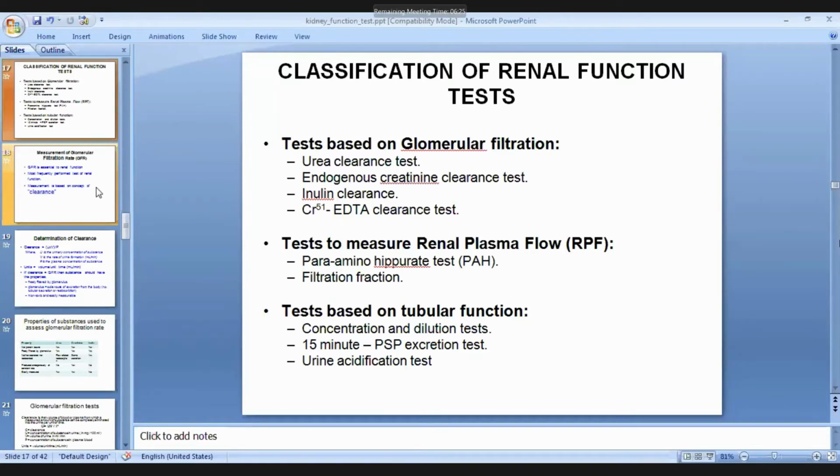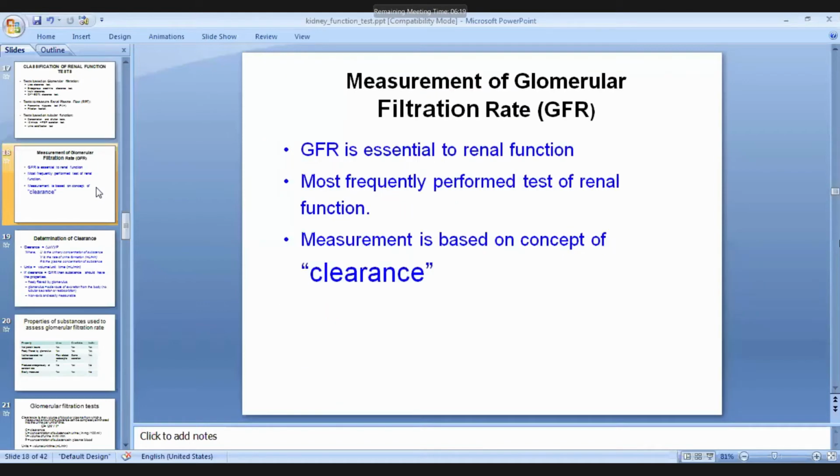First of all, the glomerular filtration rate, GFR. Glomerular filtration is the essential part of renal functioning, and the GFR should be maintained. The most frequently performed test of renal function measurement is based on the concept of clearance. So to assess the GFR, the clearance test is performed.